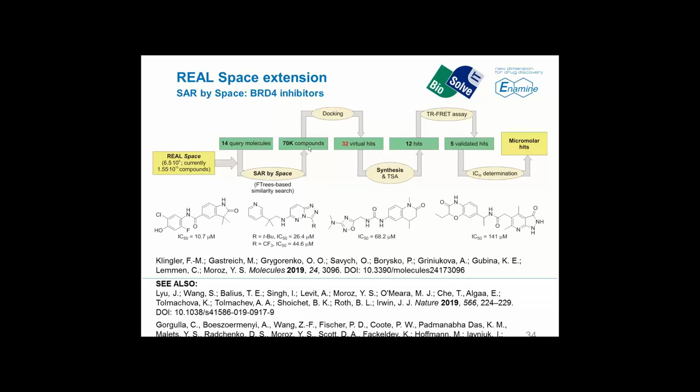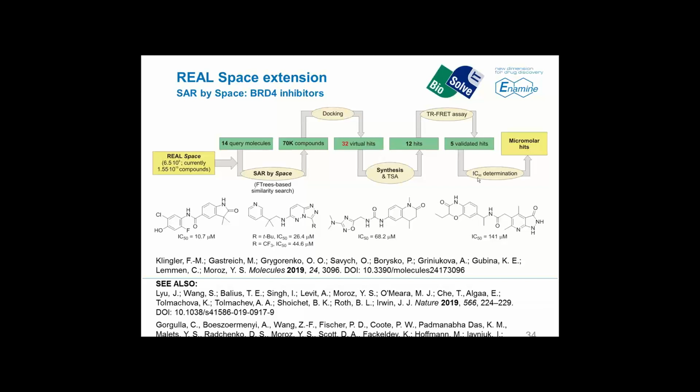And this preliminary set was then enriched by docking to identify a small fraction of virtual hits that were synthesized. Most of them were obtained. 29 of these compounds were synthesized, in fact. And then, after preliminary biological experiments, some hits were identified and validated.